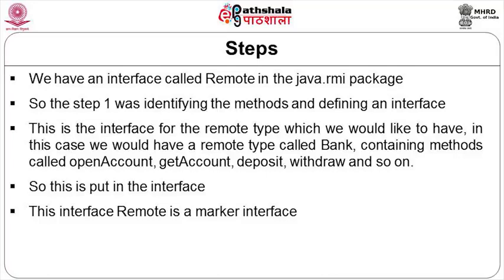In our example here, we were going for a remote type called Bank, containing methods like open account, a method called get account, a method called deposit, a method called withdraw, and so on. So that's put in the interface. Another requirement in this step itself, when we define this interface, is that it must extend from an interface called Remote.